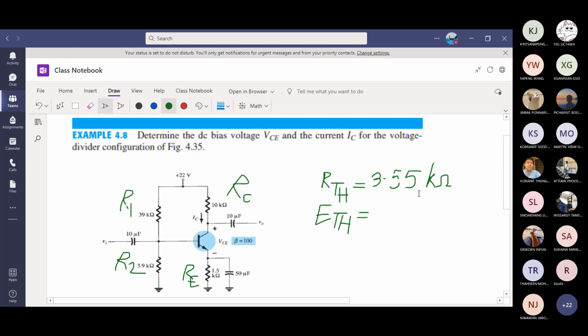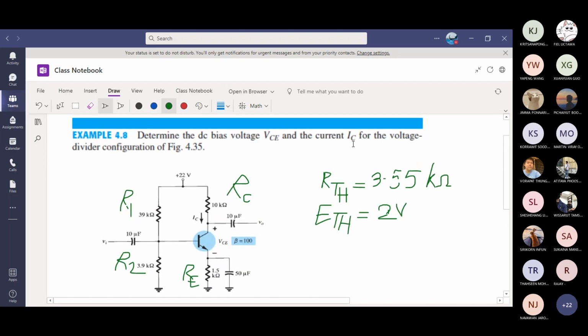So 22 multiplied by 3900 divided by 39,000 plus 3900. I get exactly 2 volts. ETH is 2 volts.